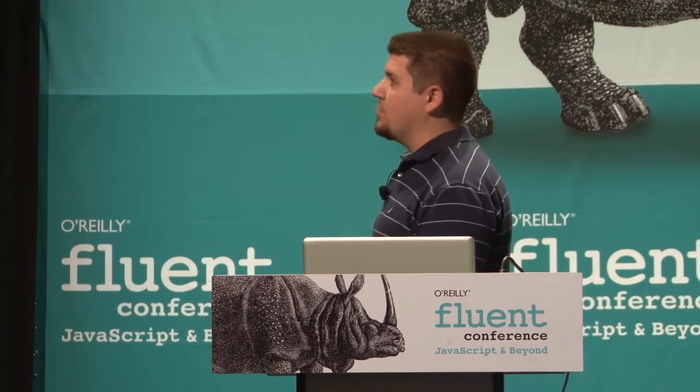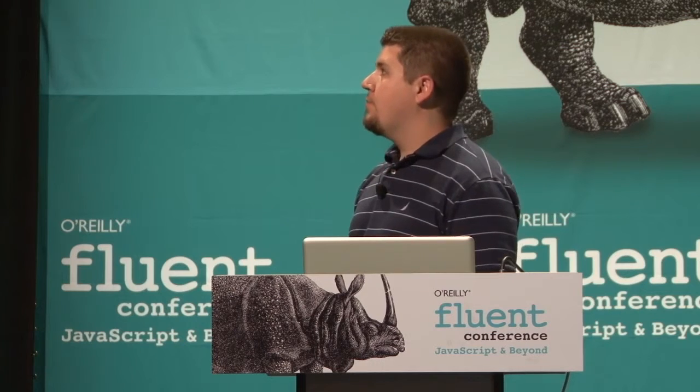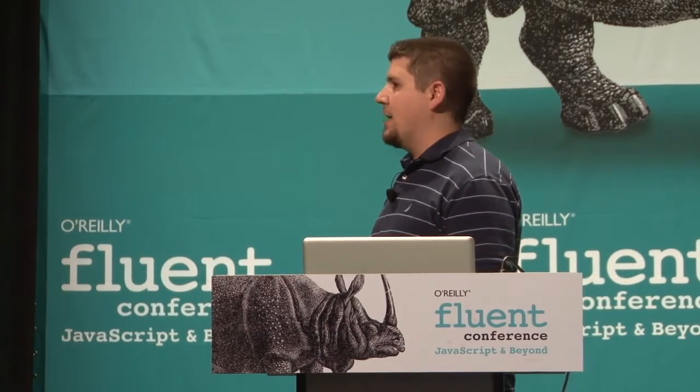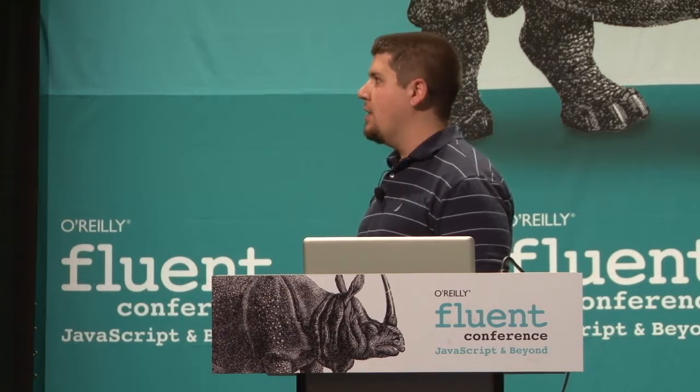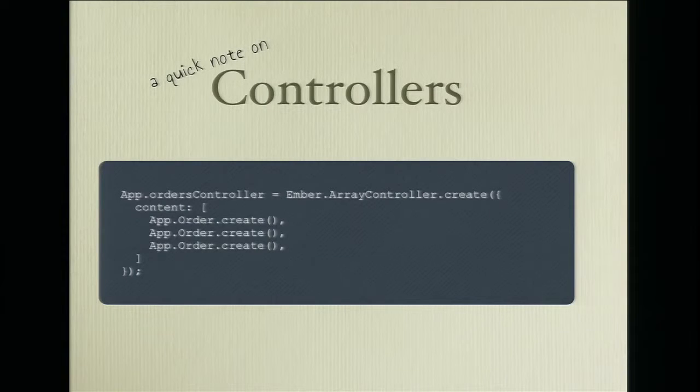A note on controllers. Generally speaking, a controller in Ember is just like an Ember.Object.create. It's just some object that's assigned somewhere that you hang functions on. There's a few that have some special behavior. For instance, array controller you see here.